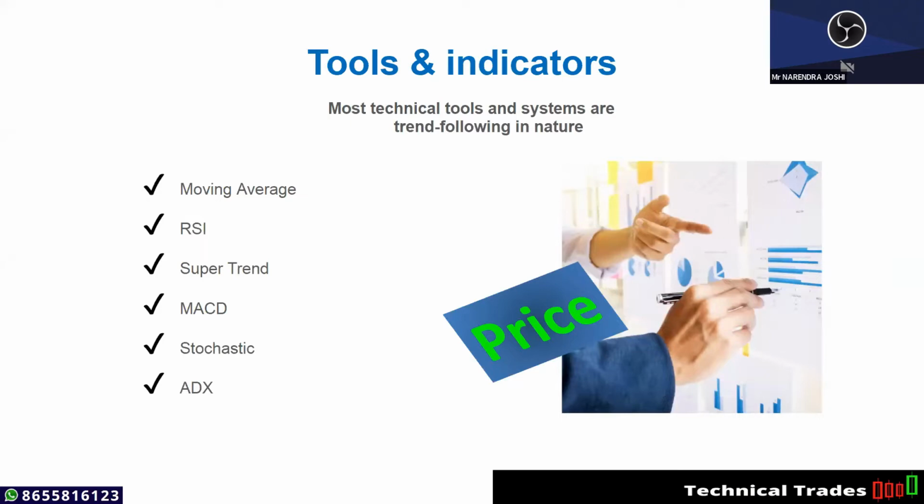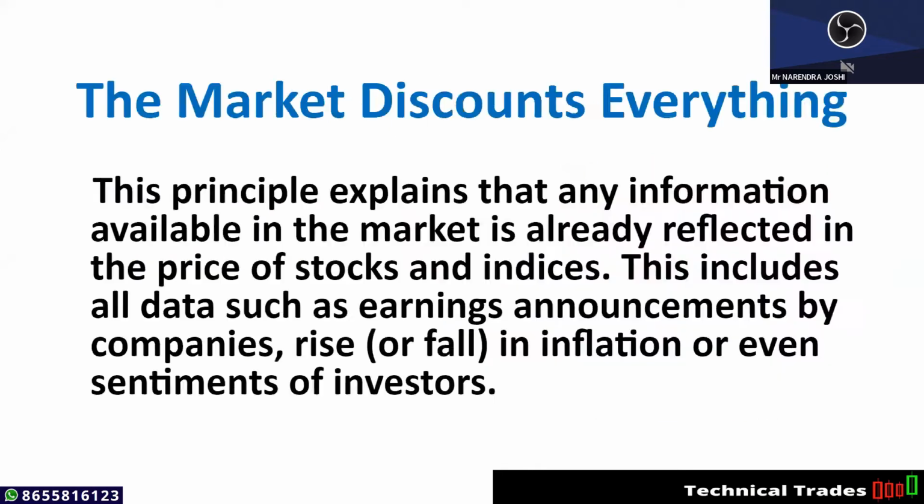All our indicators will give you the same thing, but first price will move, then the indicator will give us the signal. I hope it is very clear. Even after doing our own research and analysis using indicators, many traders cannot get the expected return from the market.